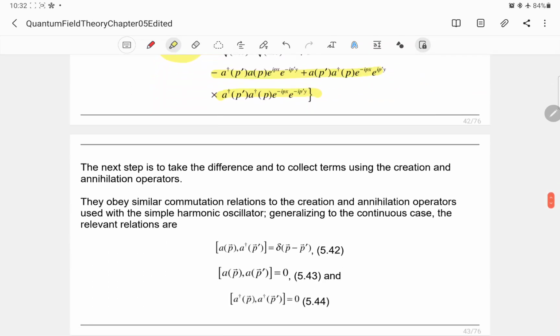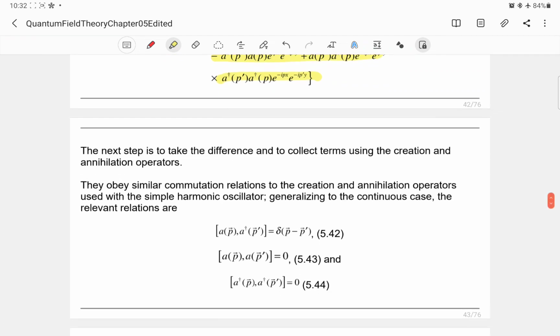And by the way, they obey similar commutation relations to the creation and annihilation operators used in the simple harmonic oscillator. And in the continuous case, you will have the continuous delta function here. I'm sorry, it's not the Kronecker delta, it's not a discrete Kronecker delta.